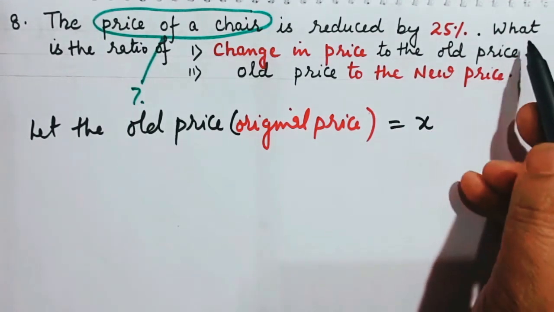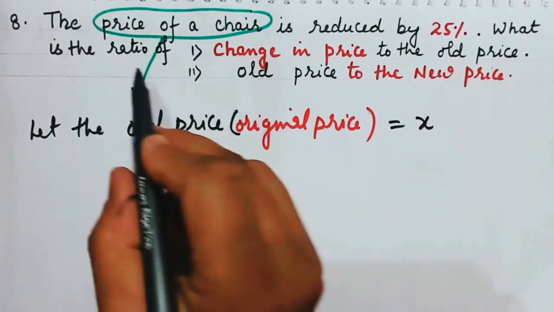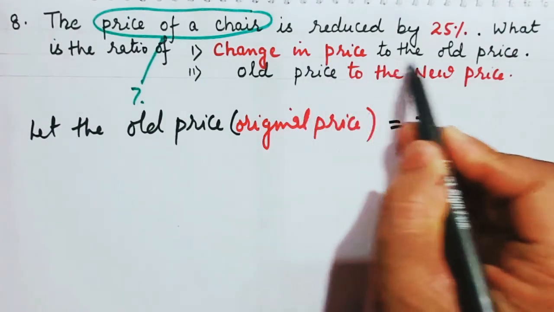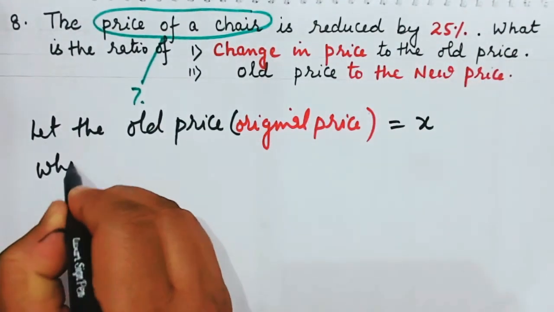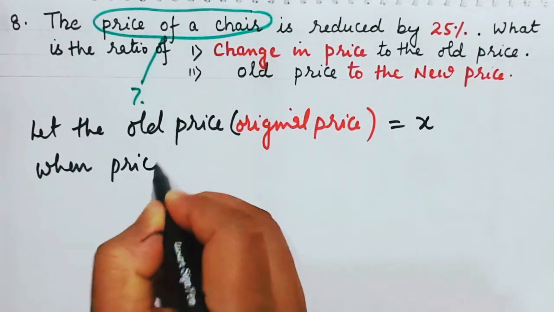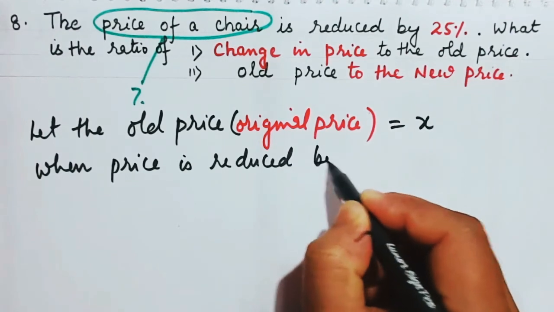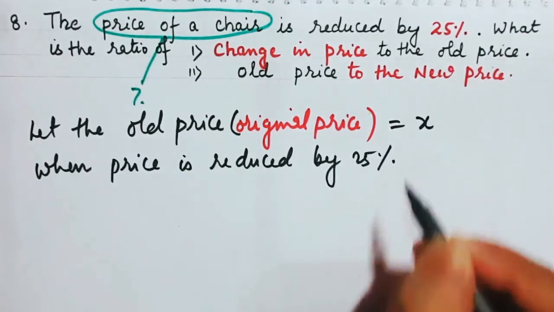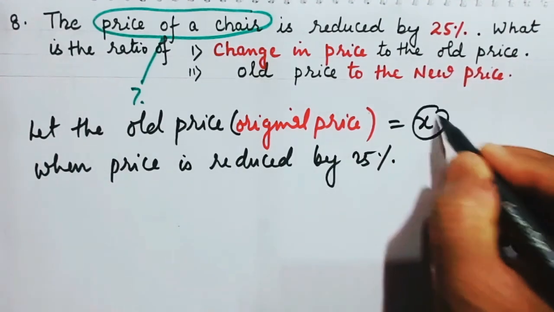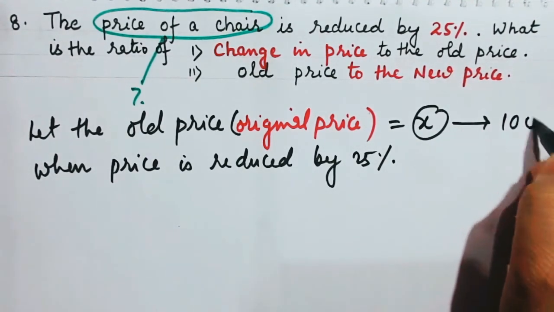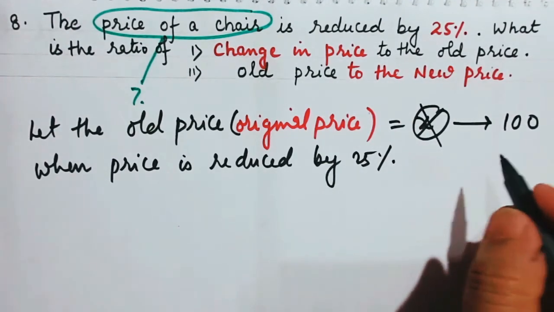What is the ratio of the change in price to the old price? Now, when the price is reduced by 25%, instead of taking X, why not take this particular amount as 100? If I take 100, naturally my problem would become quite easy.